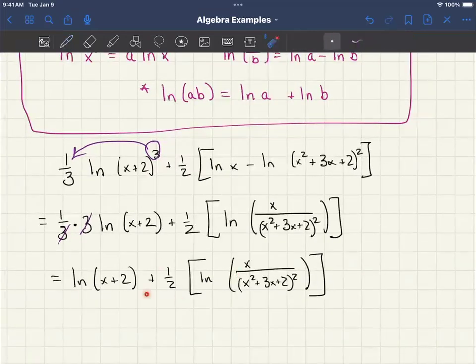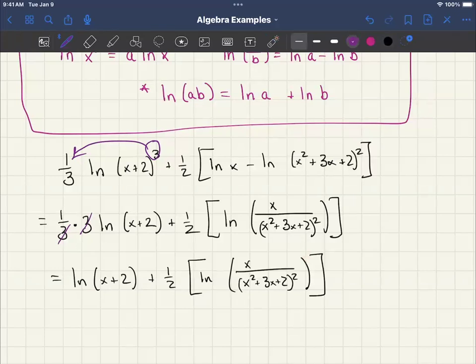We have an addition sign in the middle, and we want to be able to smush those two together into a multiplication, but notice that there's no numbers out in front, so we want to kind of get rid of this 1/2 before we do that. Now to do that, we need to have a squared on the outside here, but we don't at the moment. So we're gonna monkey around with this a little bit.